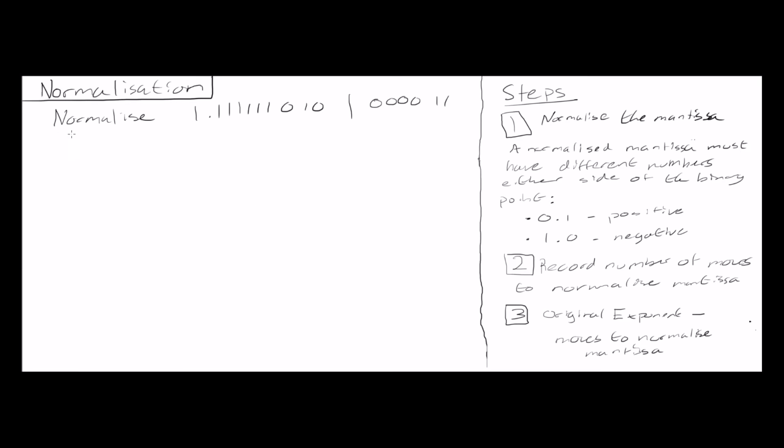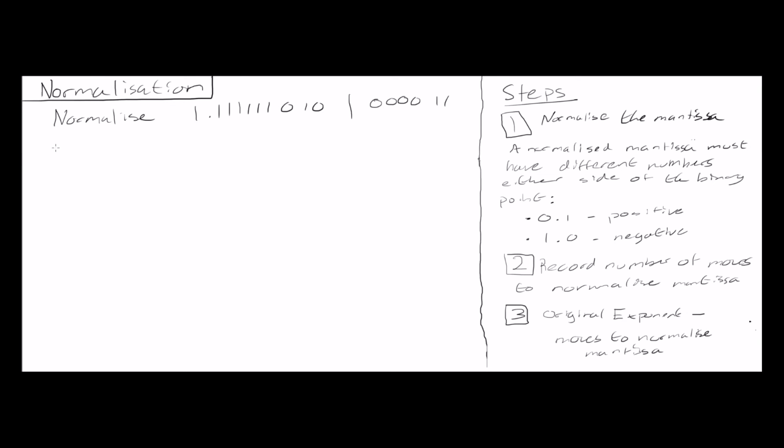Okay, so this is my next question, and it's asking me to normalize this new floating point number. And this number is going to be a negative number, because if we normalize it, then I can see that I'm going to have a 1 on the left hand side and a 0 on the right hand side.